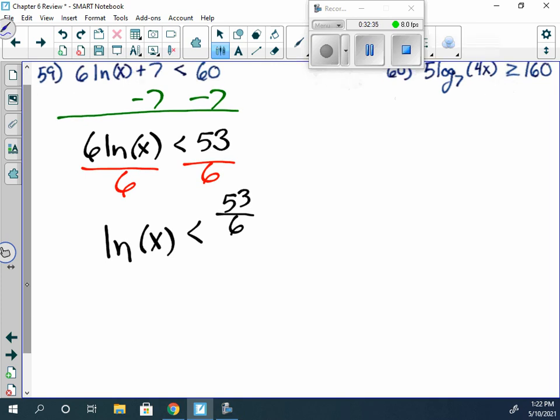Now what can we do next? We can apply e to both sides, because ln and e would cancel, telling me x is less than e to the 53 divided by 6. Now we're going to leave this alone because e to the 53 divided by 6 is going to be a huge number.